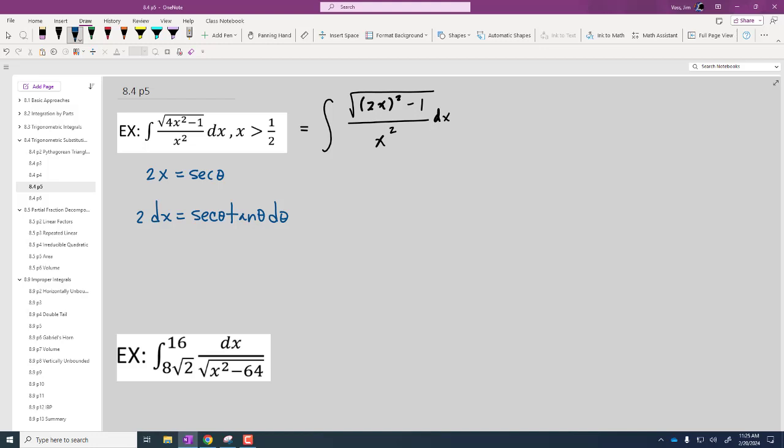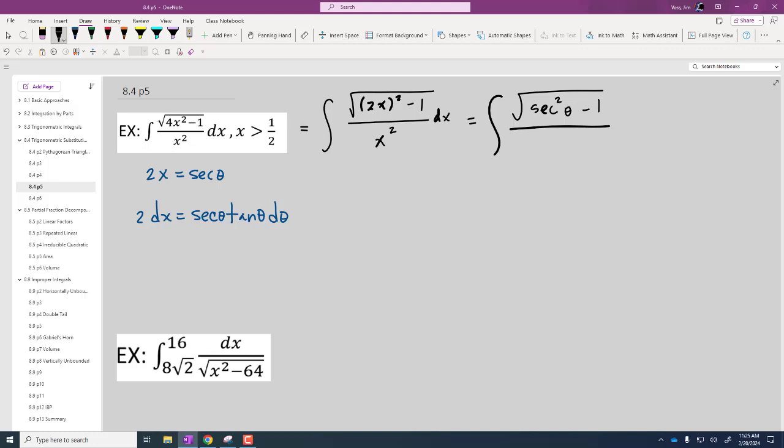So as we convert all of our x's over, we will have, let's see, 2x we said is secant. So we're going to have the square root of secant squared of theta minus 1, all divided by x squared. So if you think about x down here, x is secant over 2.